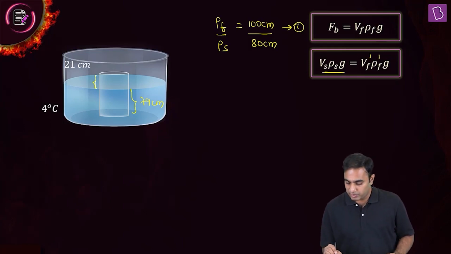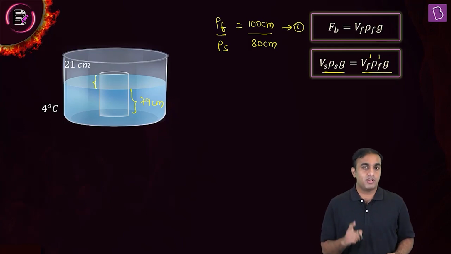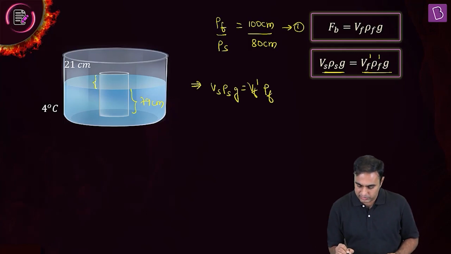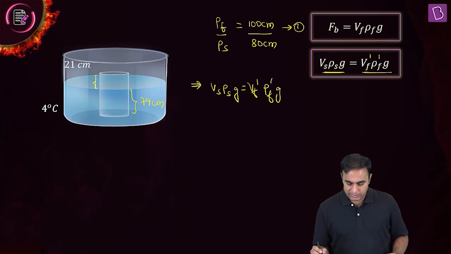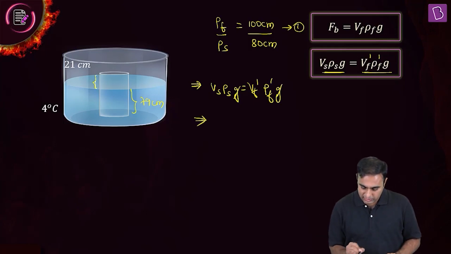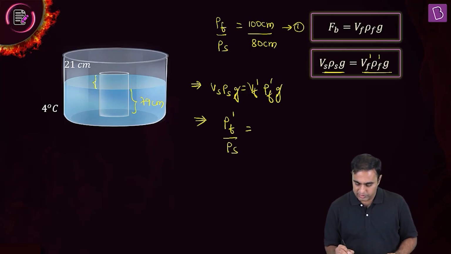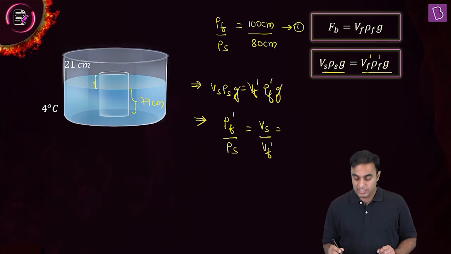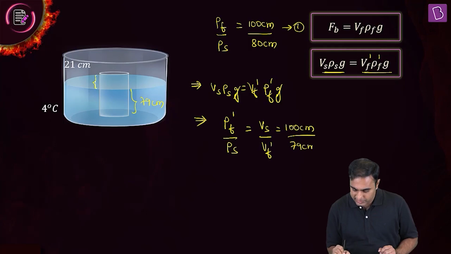So Vf prime into rho F prime into g will give you the buoyant force acting in the upward direction. Equating them, we get this equation. And let's find the ratio of rho F prime to rho S from here, which is Vs by Vf prime. What is Vs by Vf prime? Isn't it simply 100 centimeter by 79 centimeter?